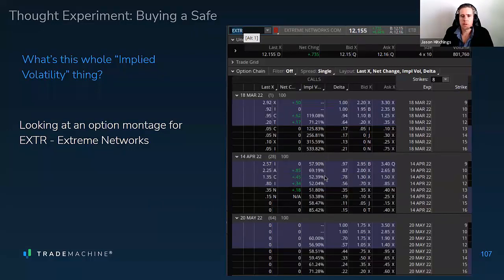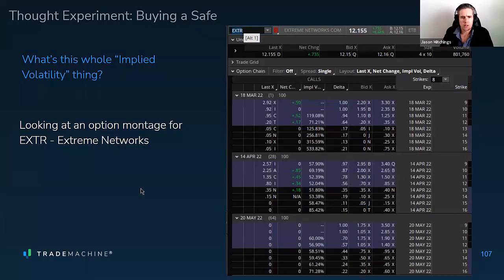You're not coming to it saying, I think this company EXTR, which I just pulled off of our Today tab, tends to move at a 32% annualized rate. But what this tells you is that the market is guessing that maybe it's moving at a 50% rate or a 58% rate.